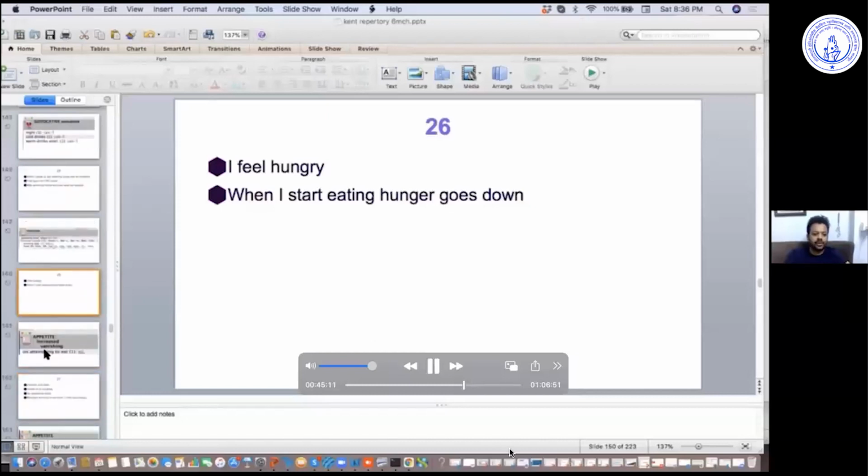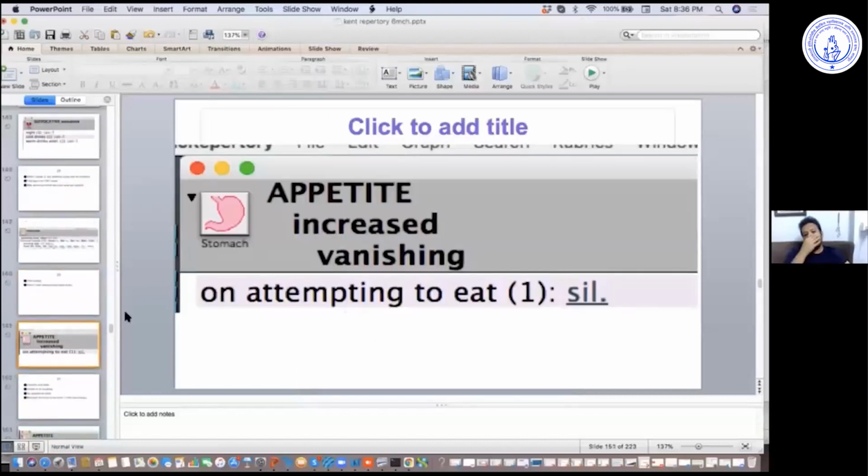So what is the rubric? Stomach, appetite, vanishing on attempting to eat. Dekho. So interesting, no? Dekho, Silica.